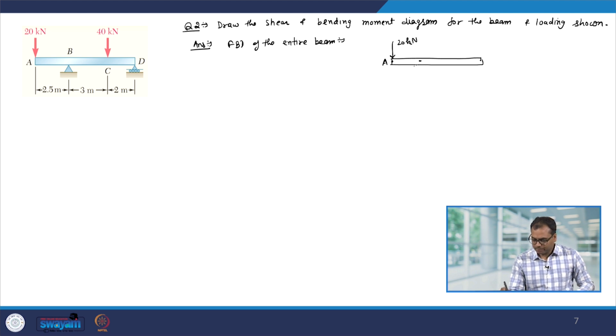At point B, we will have a vertical reaction, let us say it is By. At point C, you have an external loading of 40 kilonewton, and at D you have a roller support. So, let us say the reaction force is Dy, and this is 2.5 meter, this is 3 meter, and this one is 2 meter. To find out what is By, let us take the moment about D.